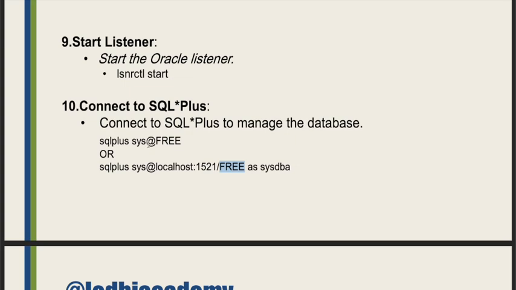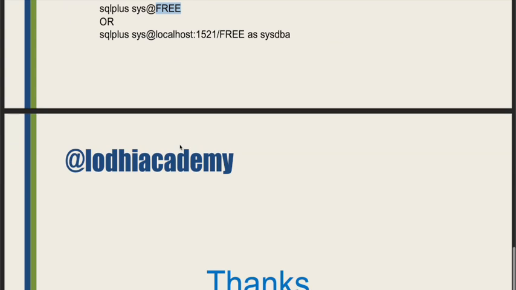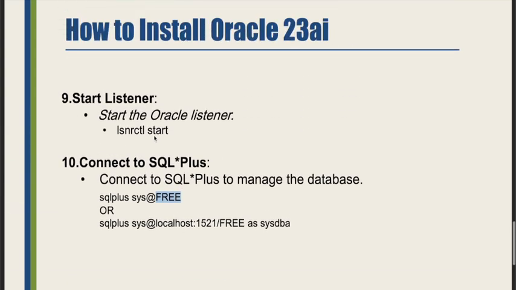And if your listener is properly running, then you can just mention the service name and you can connect. See, listener configuration is very simple. You have to do nothing. You just have to mention the port, whatever you mentioned in the configuration file. So the database will start with that port.